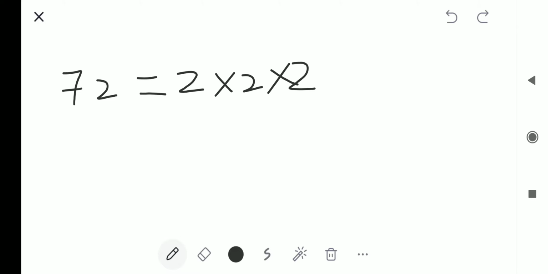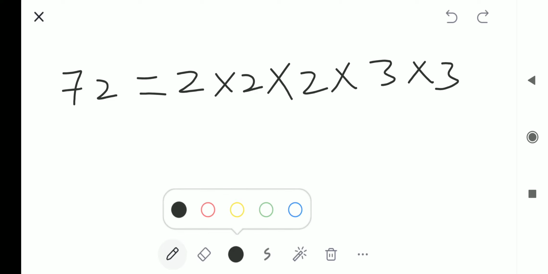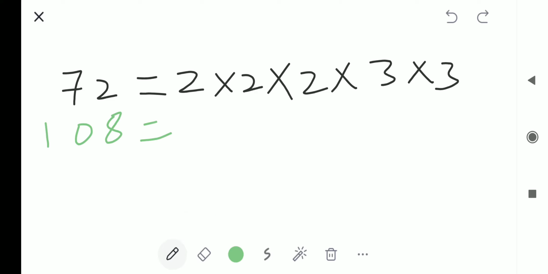So I can write 72 as 2 into 2 into 2 into 3 into 3. Next, 108 is equal to 2 into 2 into 3 into 3 into 3.